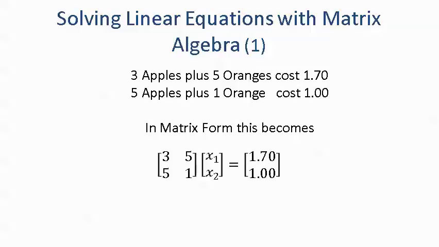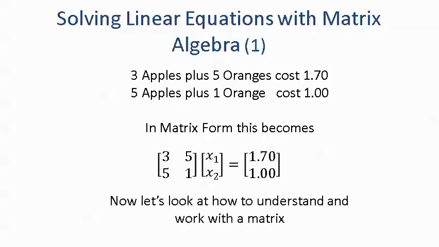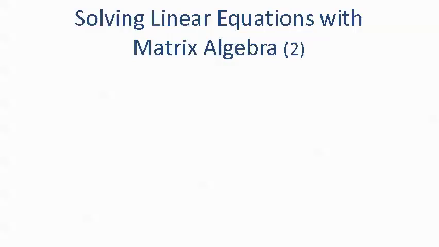Okay, complicated. So let's step back and look at how we're going to work with a matrix structure to solve the problem. As we look to start solving linear equations using matrix algebra, there is a format that we use to define the matrix. We start with the matrix A times our unknowns equals our result matrix, or our result vector.